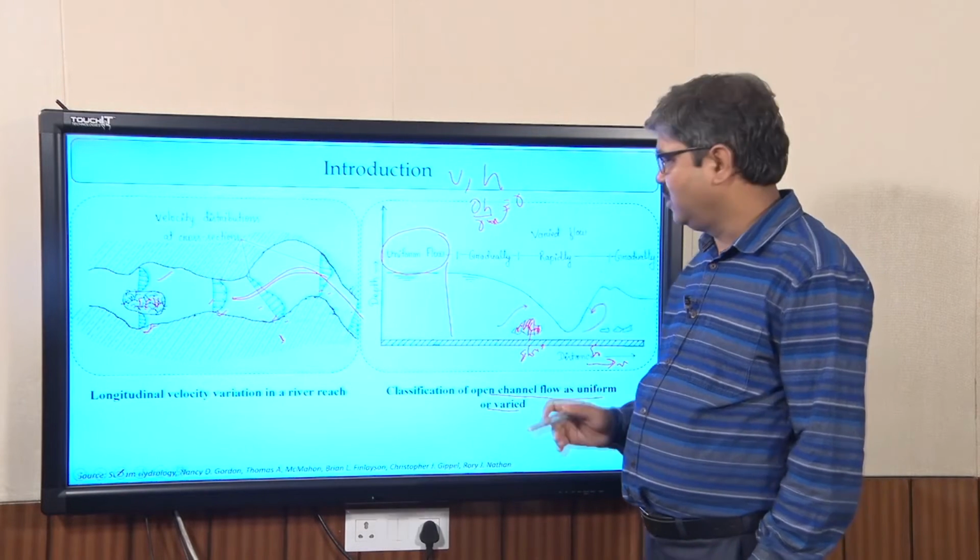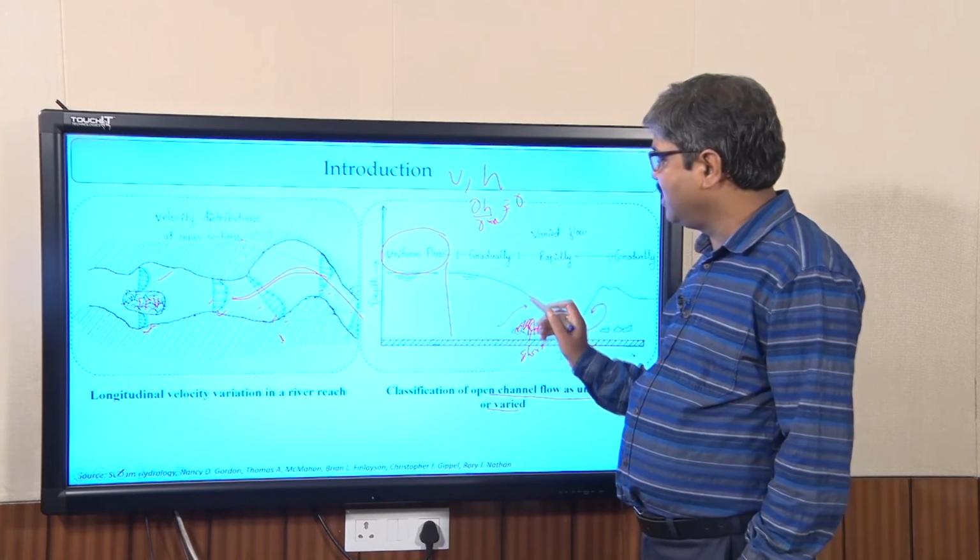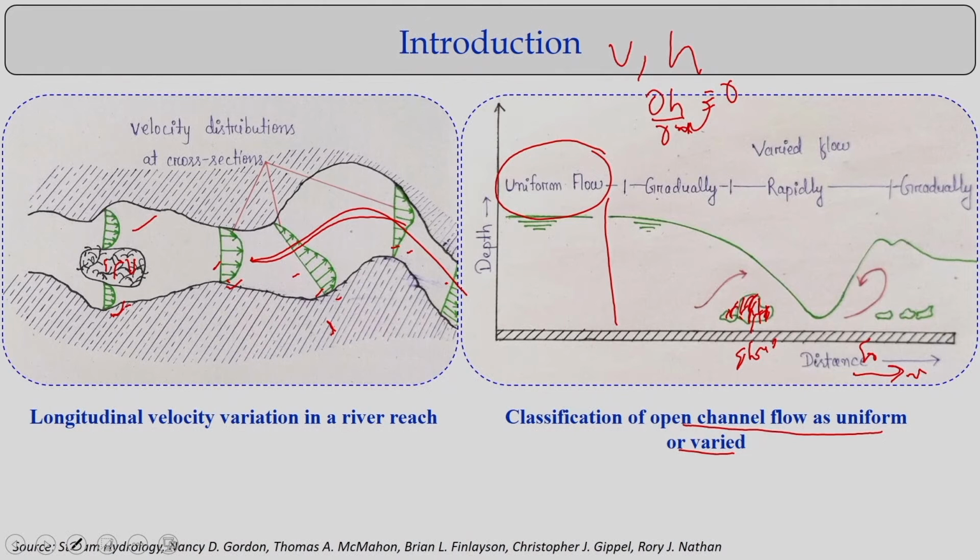But there are cases where, because of the stone formations, you will have the effect of gradually and rapidly varied flow conditions. We will have gradual variations, that means del H by del X variations are there, but this quantity is very small.